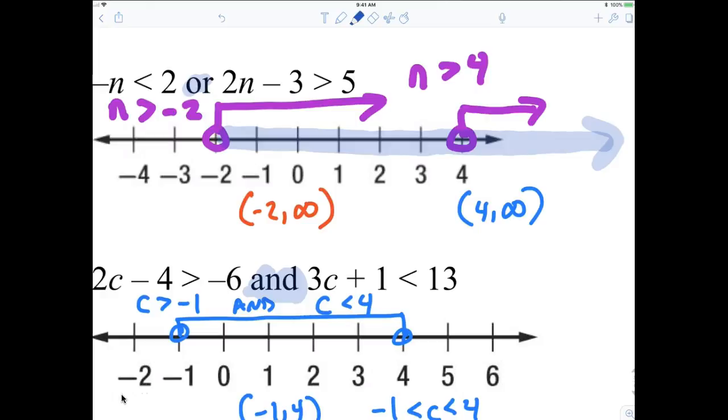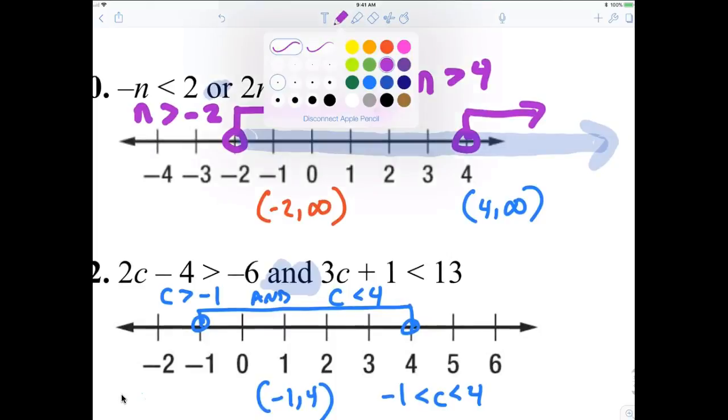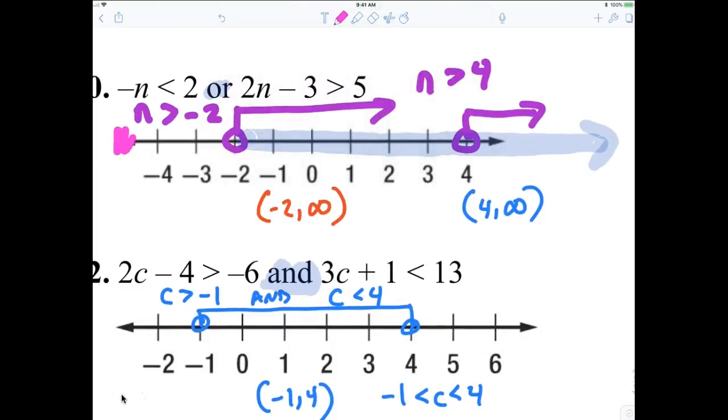Because I kind of have 3 graphs there. All right? So now, here's how you answer that question. Listen carefully. I have this part of the number line. Do any of those numbers satisfy any of the inequalities? No. All right?